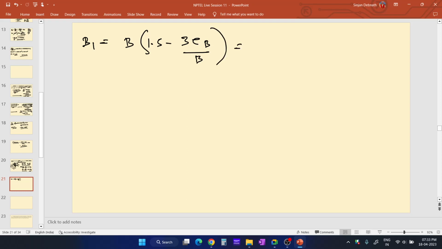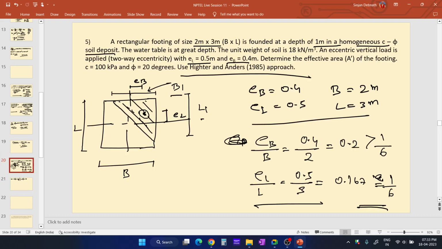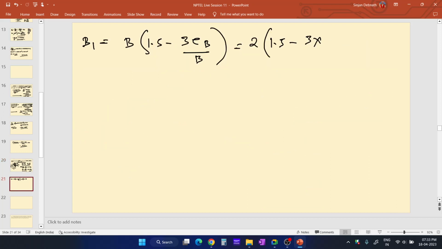B is 2 meter, EB is 0.4, so 0.4 by 2. So this comes out to be 1.8 meters.